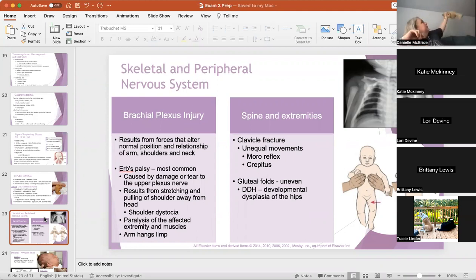So the Moro reflex: there's a few ways you can elicit it. One of them, you can hold the baby and just kind of drop your hands a little bit. I feel bad because it makes them feel like they're going to fall, but they respond by going, don't let me fall. We call it the startle reflex.